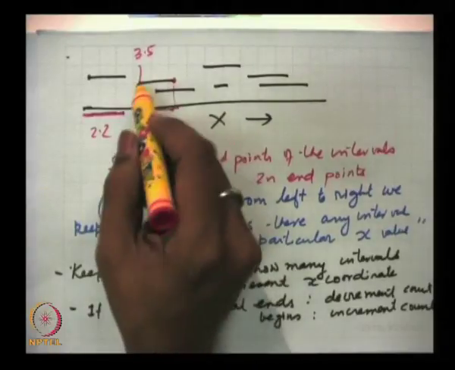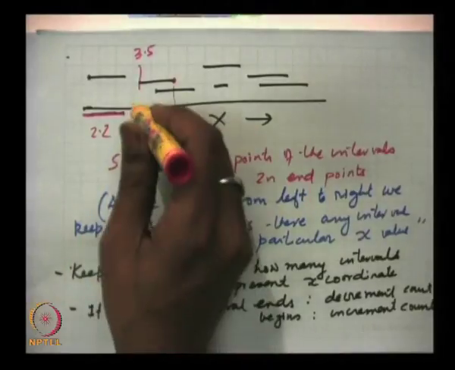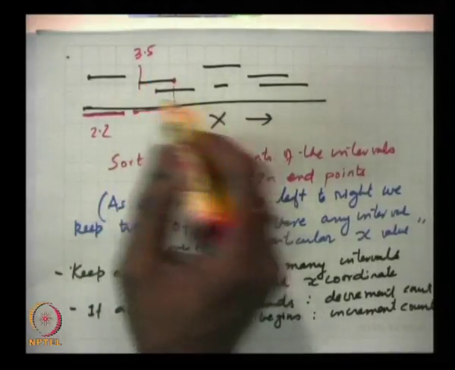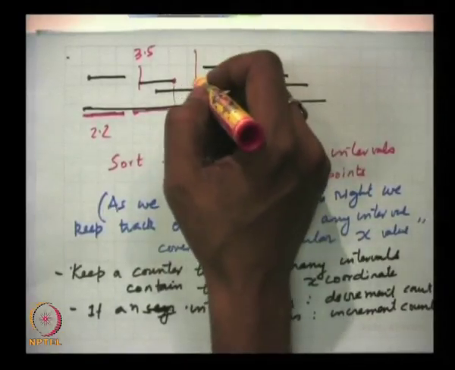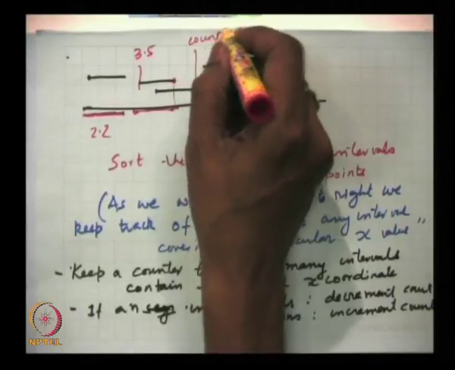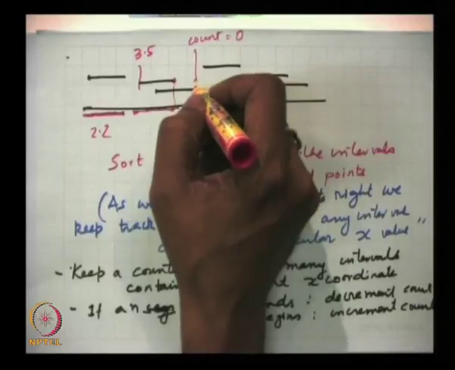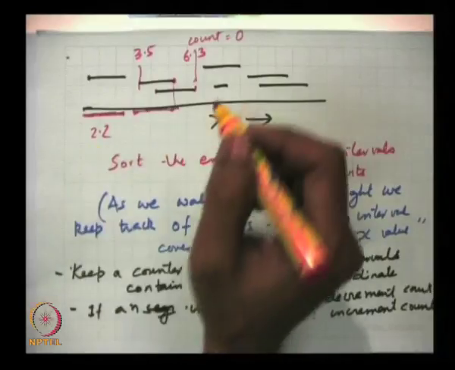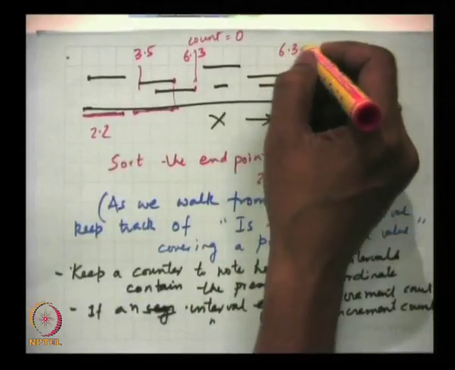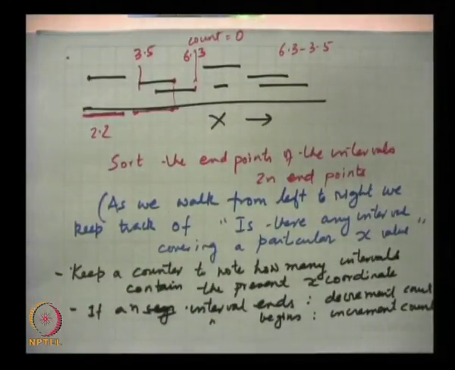The count becomes 0 wherever this ends. Count equal to 0 here, so we also note the x coordinate of this, maybe it is 6.3, which means that we have swept 6.3 minus 3.5, and this must be added to the total measure that we have encountered so far.